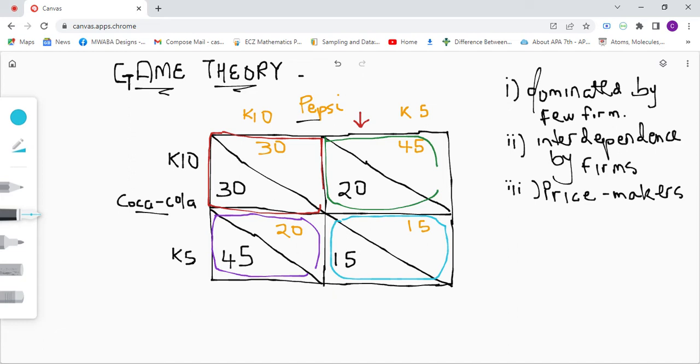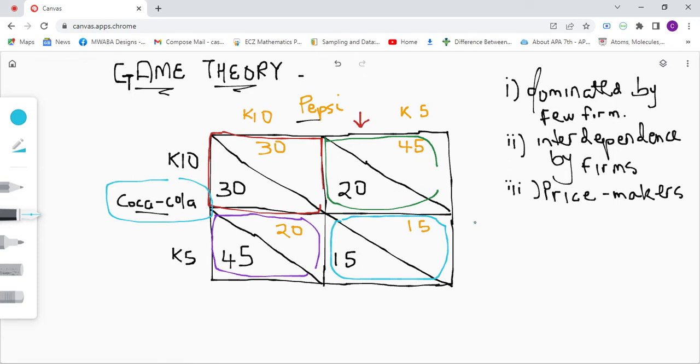So with this payoff table and this game theory structure, let's pretend we are Coca-Cola, and we'll be reacting to what Pepsi does.